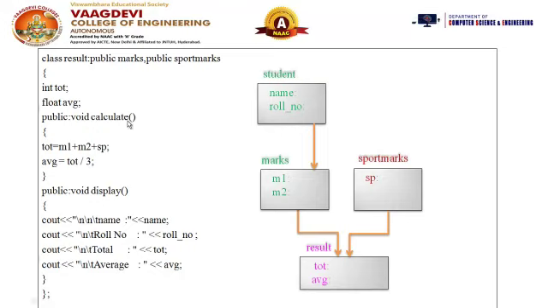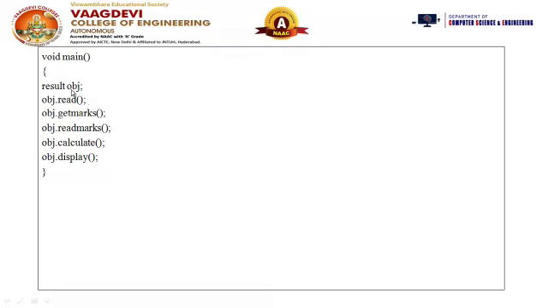The execution starts from the main method. When the obj object is created in the main function, the memory for the student, marks, sports marks and result classes is allocated as shown in the memory.